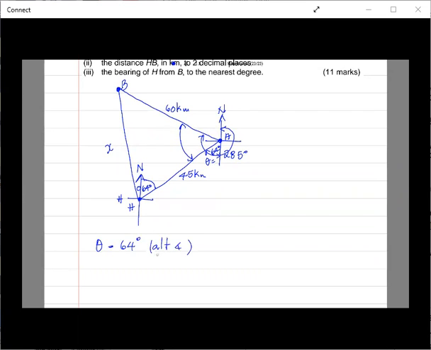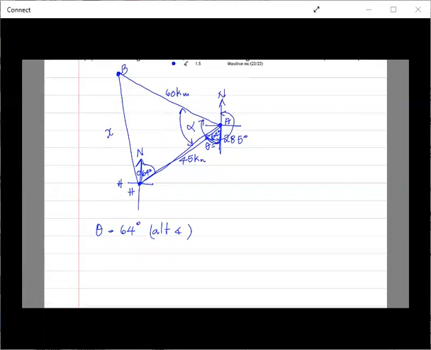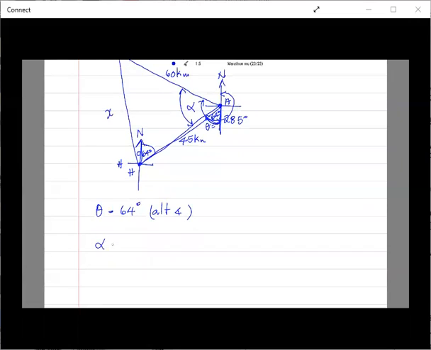Alternate angles are Z angles. So you can see clearly that this angle here is also 64 degrees. Now I want this middle piece in here, which I'm going to call alpha. So next I'm going to say alpha is equal to 285, which is from north coming all the way around to the line connecting A and B. That's 285 degrees.